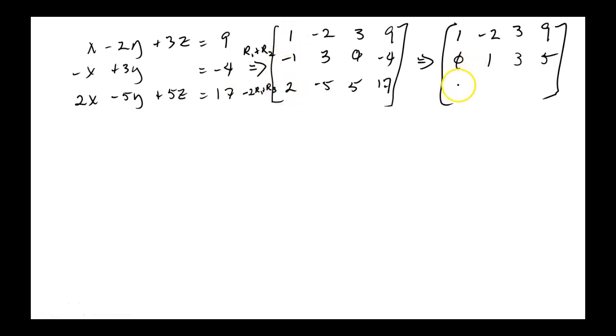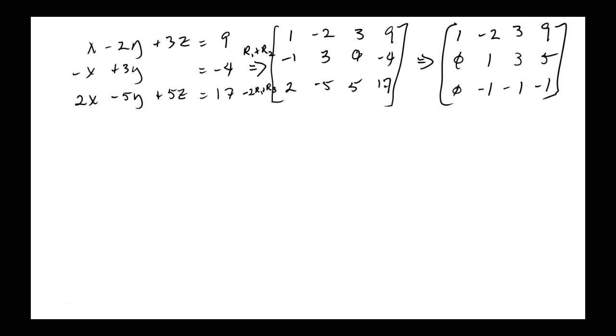So that will give us what? 0, negative 1, negative 1. Negative 18 plus 17 is minus 1. Okay? Or you're doing minus 16. No. Okay. All right.